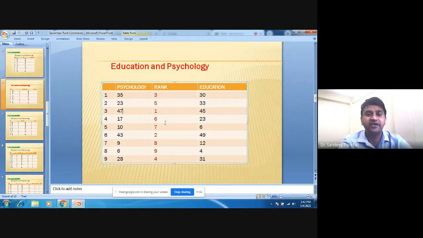In the same way, we assign rank 3 to 35, because it comes after 43. First rank is always the highest score and the last rank is the lowest score.